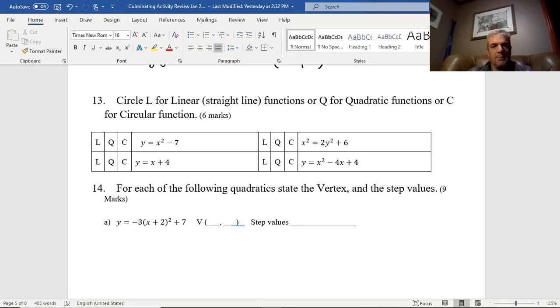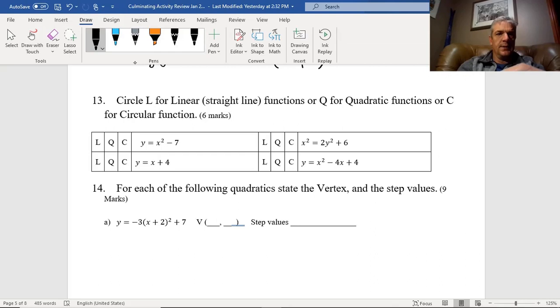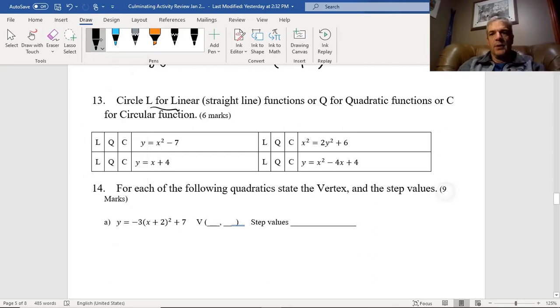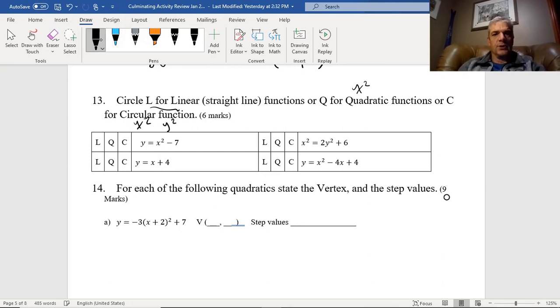What you're looking for here is the number of variables that are squared, which means x squared, y squared. If you have no squares, then you are linear. If you have only the x squared, you are quadratic. And if you have x squared and y squared, then you are circular.